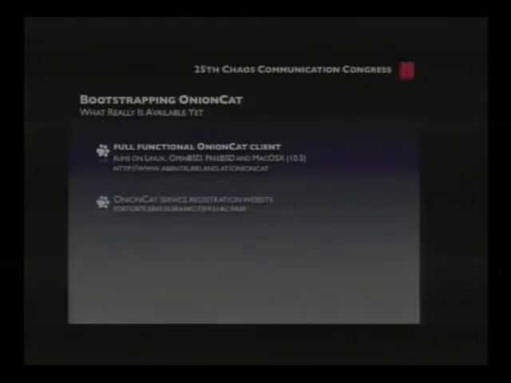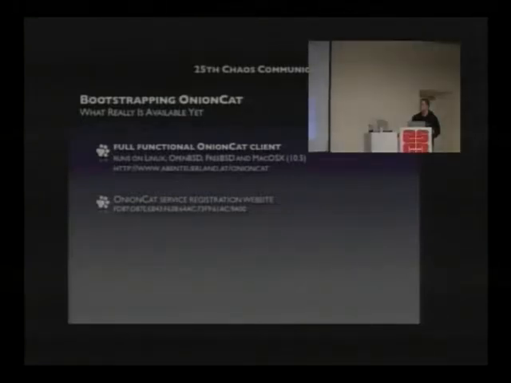We implemented the very first service for public use. It's the OnionCat service registration website. You don't even have to remember the IPv6 address. As soon as you're there, you can post your own services so that everyone who uses OnionCat has the ability to browse through.